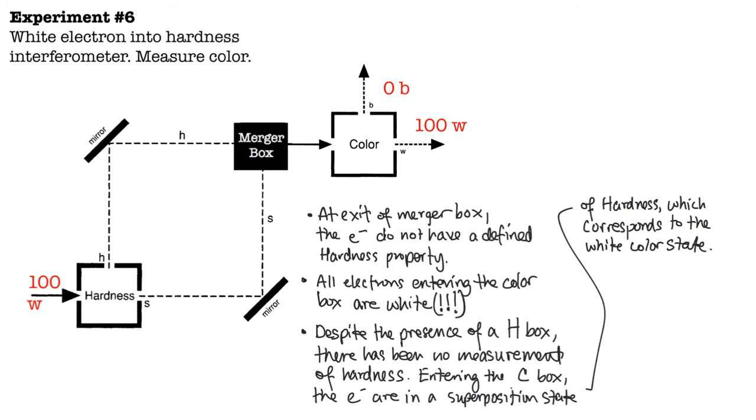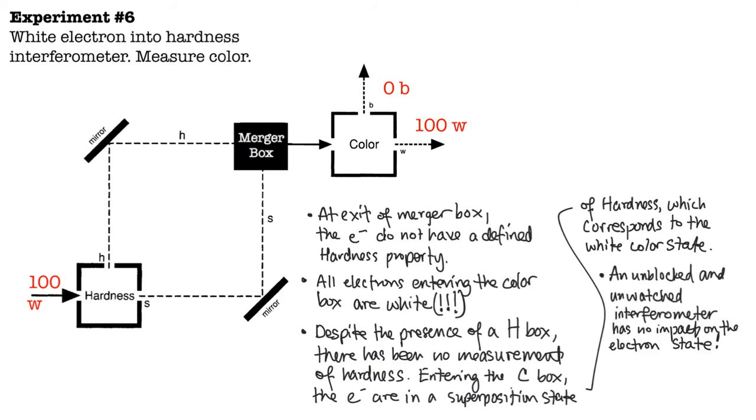Another perhaps more straightforward way to say this is we shoot in 100 white electrons, and out of the merger box, we're getting 100 white electrons. So this unblocked, unwatched interferometer has no impact on the state of the electrons, which means that exiting the merger box at the output there, we still have 100 white electrons.